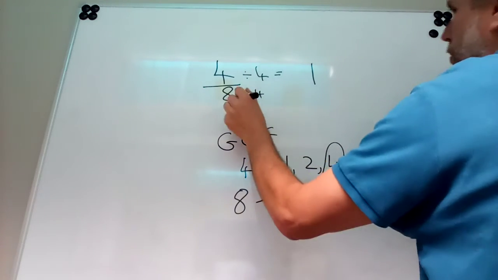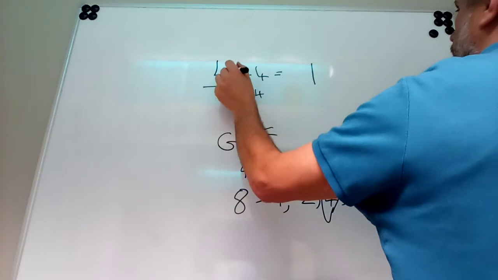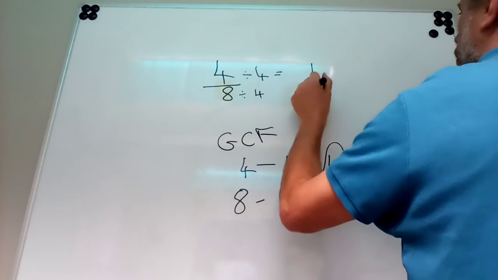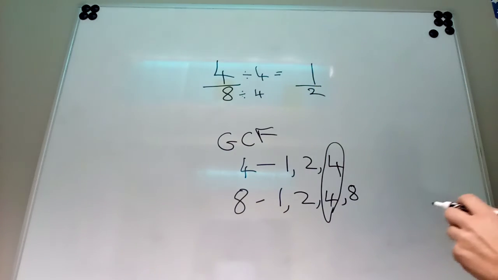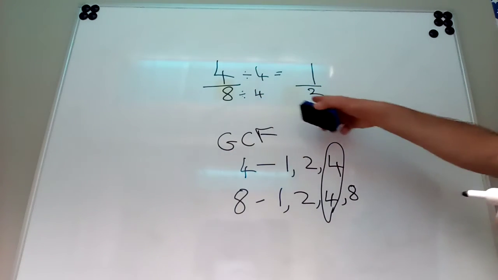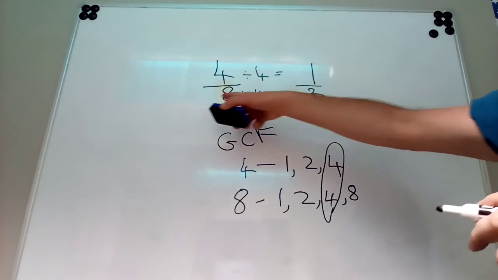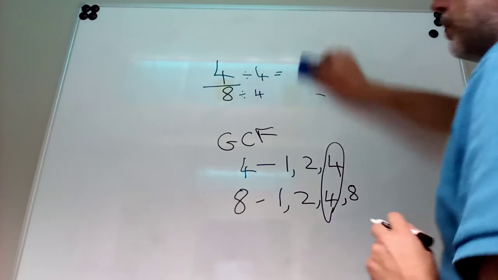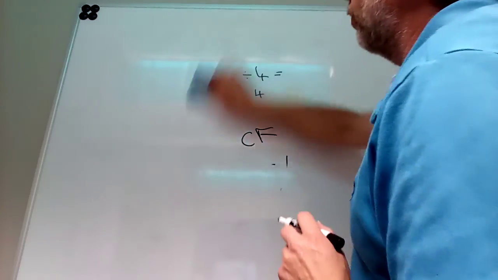Whatever you do to the top, you have to do to the bottom. It has to be the same. So if you divide this 4 by 4, you get 1. If you divide this 8 by 4, you get 2. So that reduces to 1/2. 1/2 is the same as 4/8. Okay, so let's do a couple of these to help you understand this a little more.